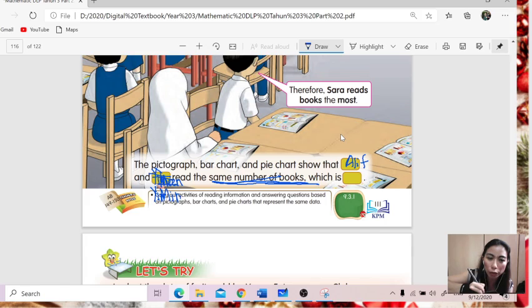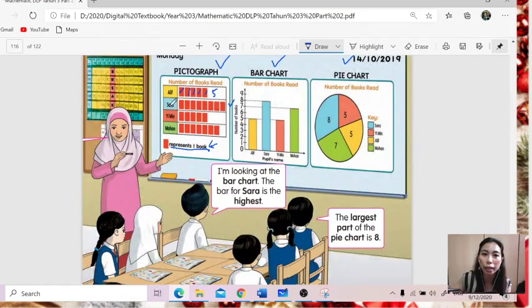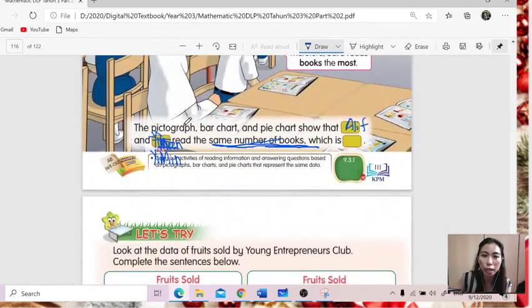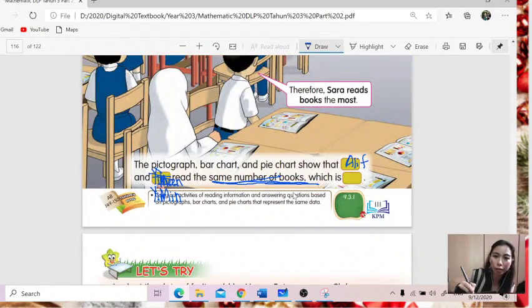Yimin, you have to follow M-I-N, because that's what is in the data. So you have to be careful when you write the names or any numbers. It must be the same as in the data given. Read the same number of books, which is how many? Okay, 5. Alright, so that's about it.